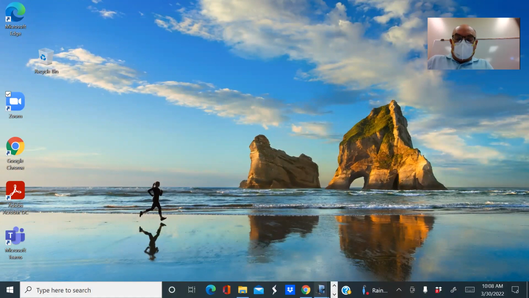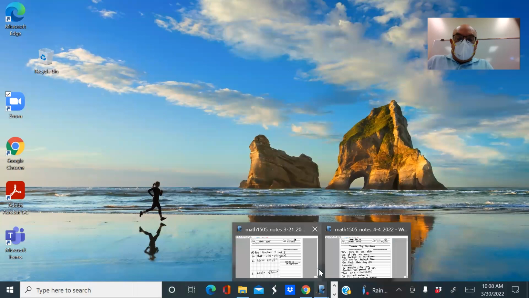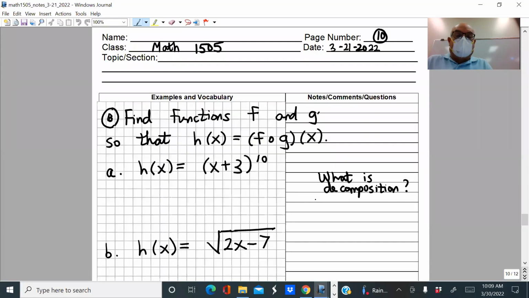Let me see now. So I remember now what I forgot to cover last time. So that's why we ended up short in time last time. So I left off a piece of the notes here. So this is not really about trigonometric functions. This is about composition again of functions.